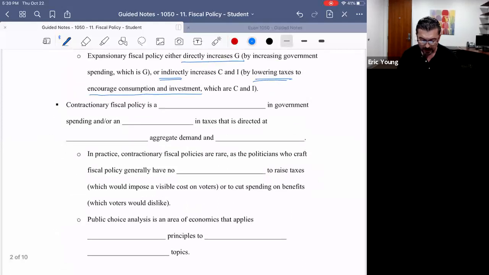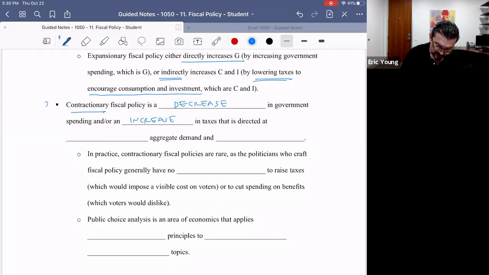Now, on the other hand, we have contractionary fiscal policy. And this would refer to one of two different things again, okay? Two different mechanisms to manifest a contractionary policy. Number one, we can see a contractionary fiscal policy as a direct decrease in government spending, or we can see it as an increase in taxes.